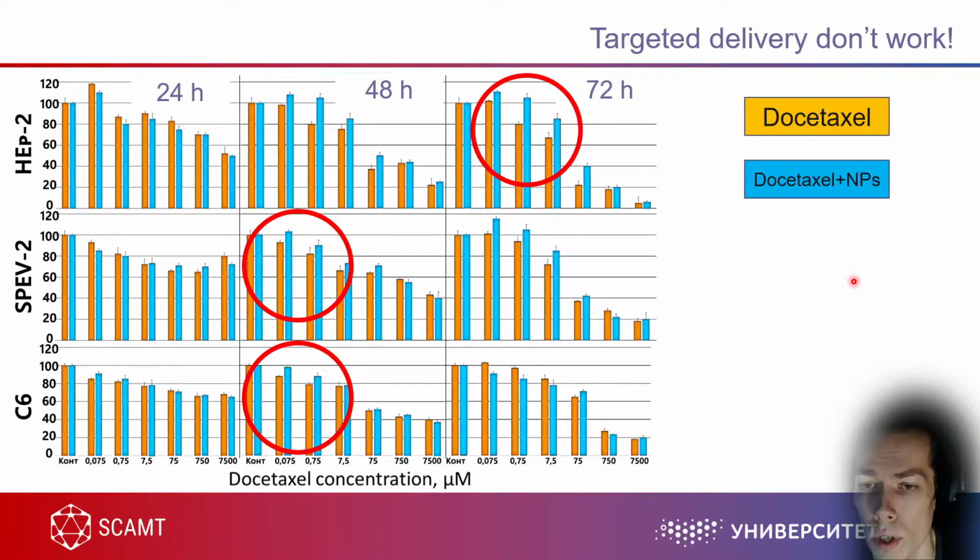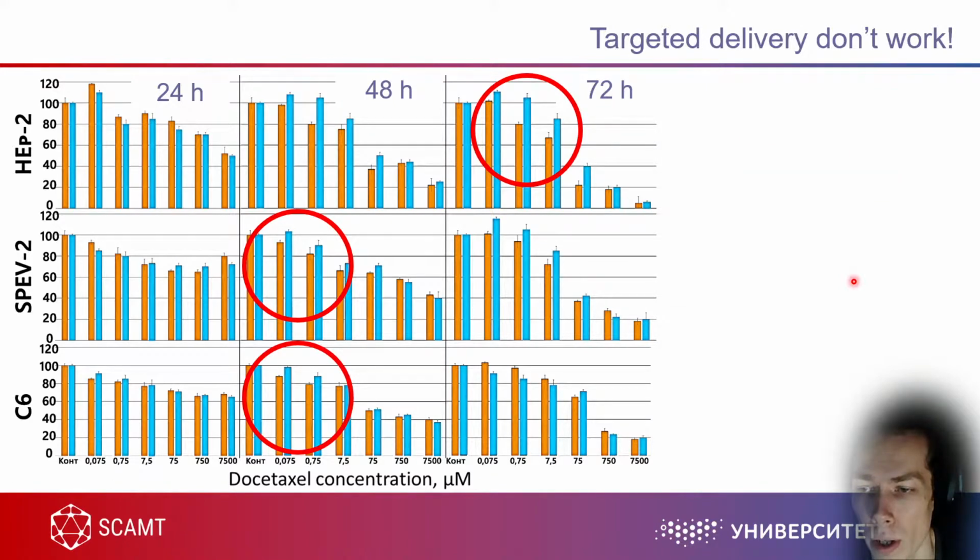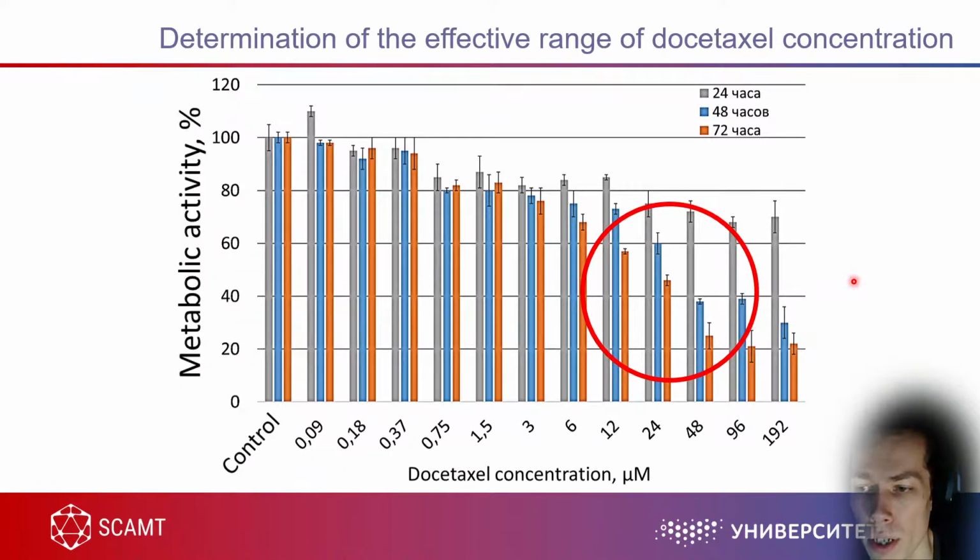So what was the answer? The answer was very simple. As I mentioned, there is a countable amount of molecules per cell, and in case of absence of nanoparticles, these molecules spread in cells kind of uniformly. So each cell receives maybe 100 molecules of this docetaxel drug.